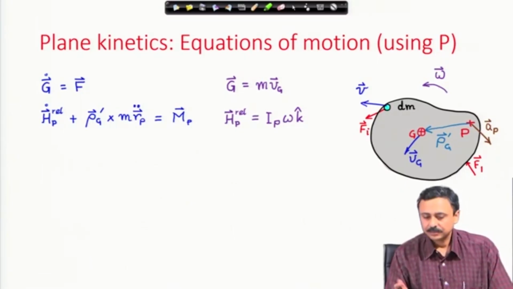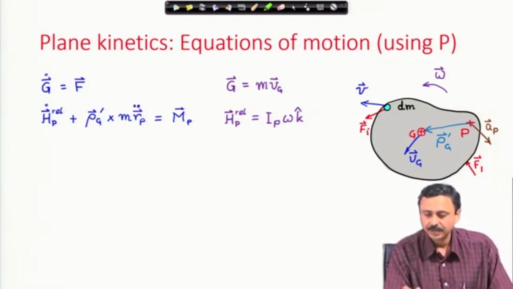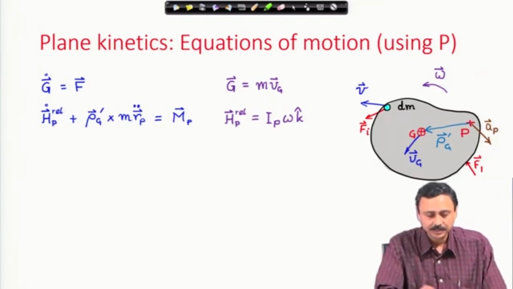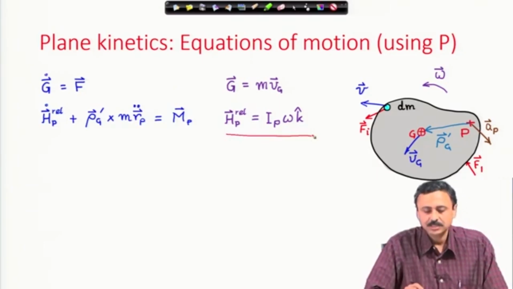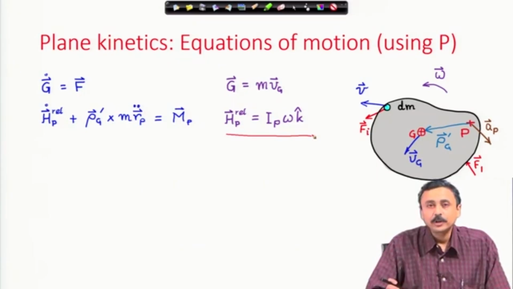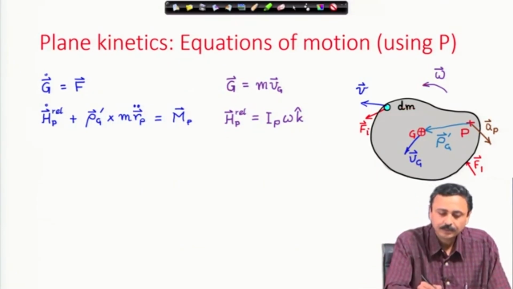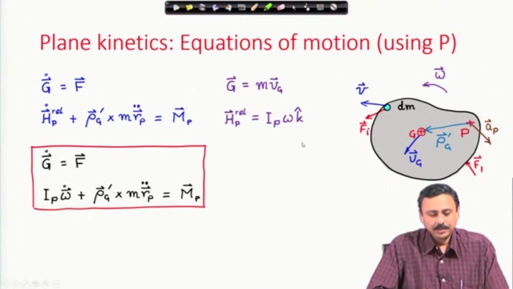Now, when I have removed those derivation steps and I have written these equations finally in a simplified form, this is what it comes to. When I consider P as a point on the rigid body, H_P rel becomes I_P times omega, the moment of inertia of the rigid body about P times omega. And therefore, our equations of motion is this set.